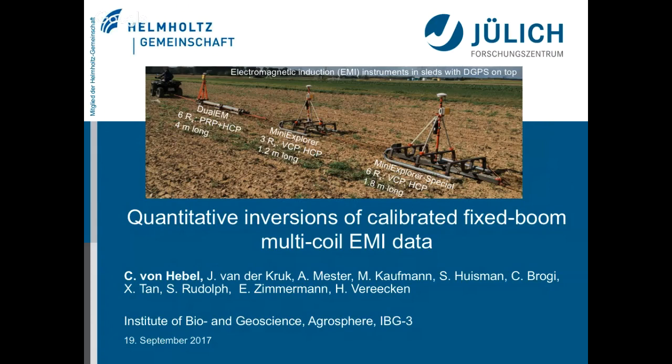We can orient them in VCP or in HCP, so with vertical coplanar loops or horizontal coplanar loops. And we also do have a DualEM. This has 6 coils, which measures simultaneously with perpendicular oriented coils and horizontal coplanar loops.